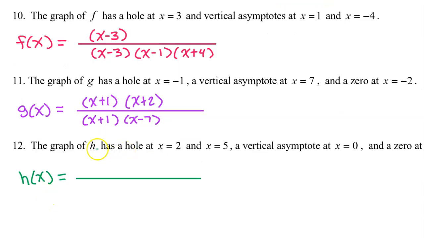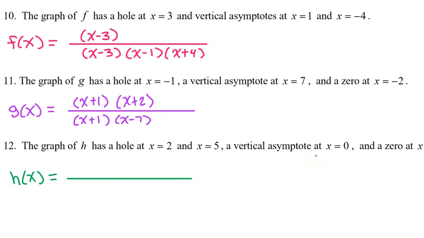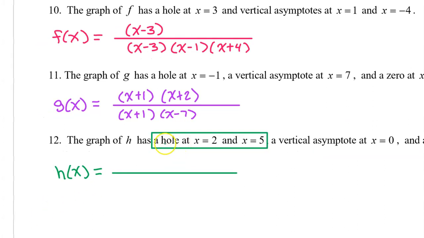Number 12, the graph of h has a hole at x equals 2 and x equals 5, a vertical asymptote at x equals 0, and a 0 at x equals 1. A hole at x equals 2 means a factor of x minus 2 that cancels out.